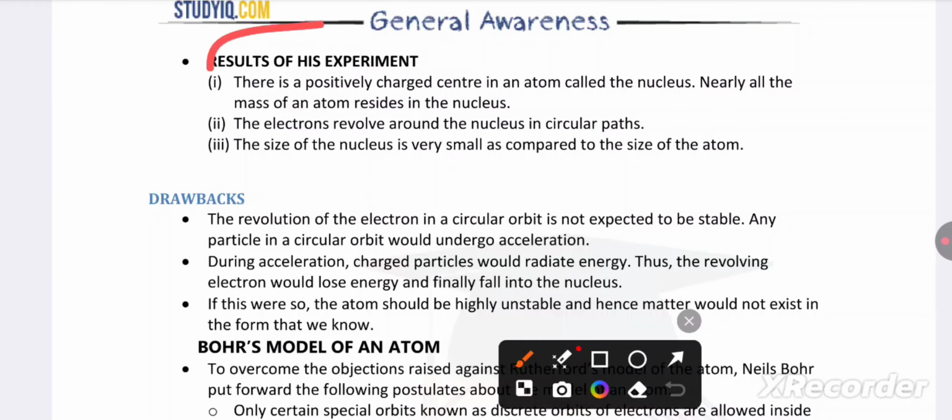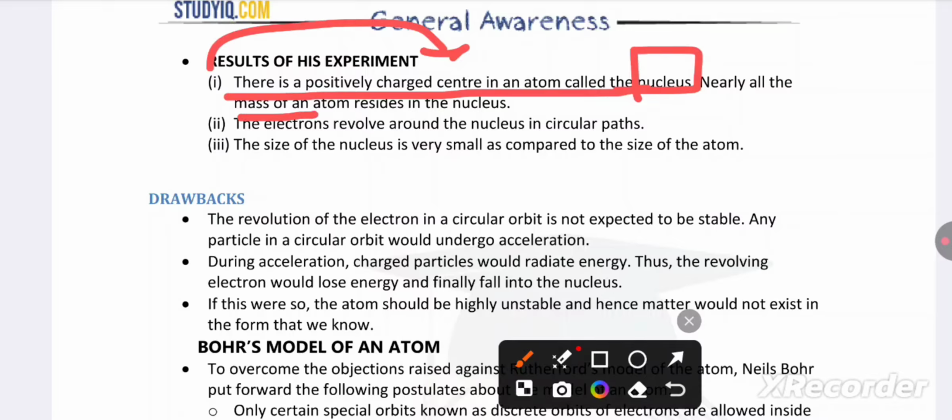Result of this experiment: there is a positively charged center in an atom called the nucleus. The mass of an atom resides in the nucleus. As I said, positive charge is contained inside the nucleus.